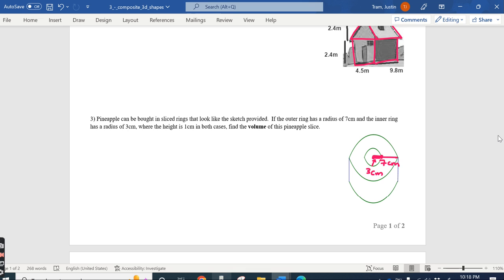So in this case, it will make sense for you to find, let's pretend this is pineapple, and with 7, okay, without the hollow middle cutout. So find the volume of the entire thing, volume of the pineapple without the hole.